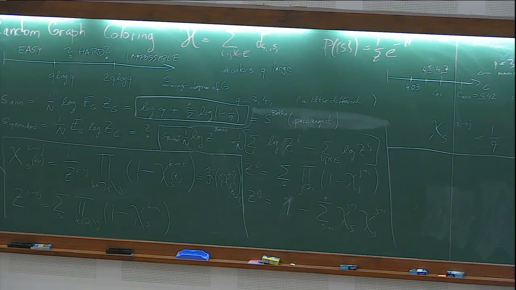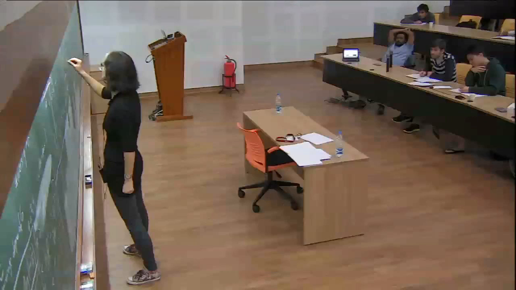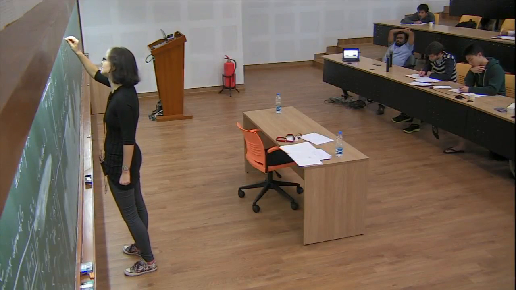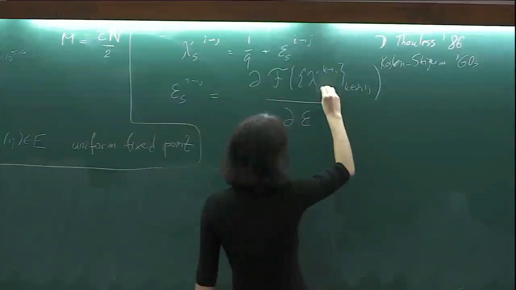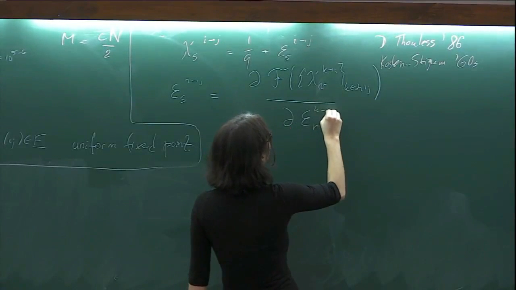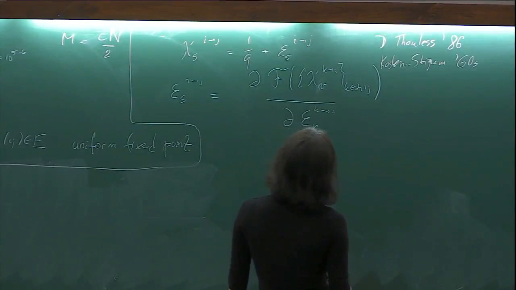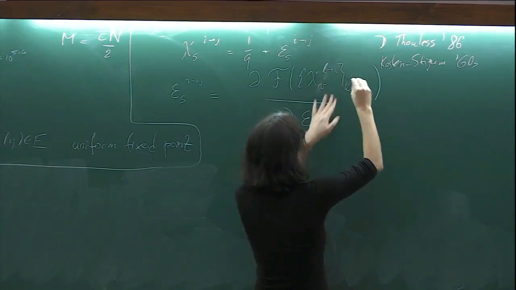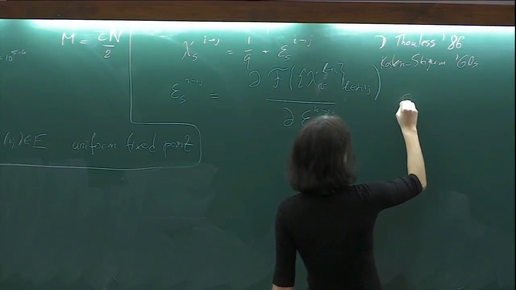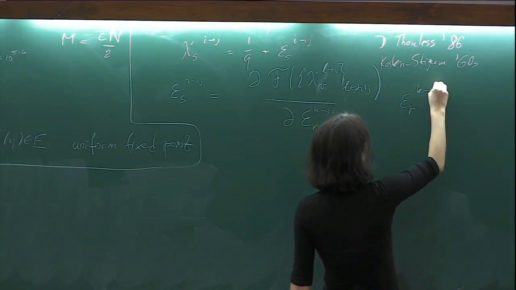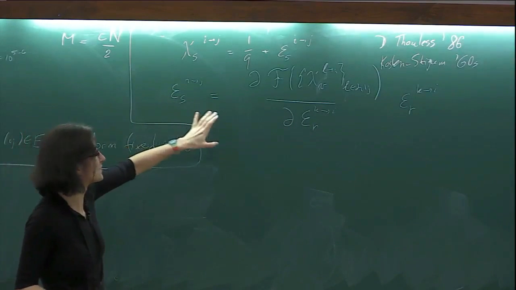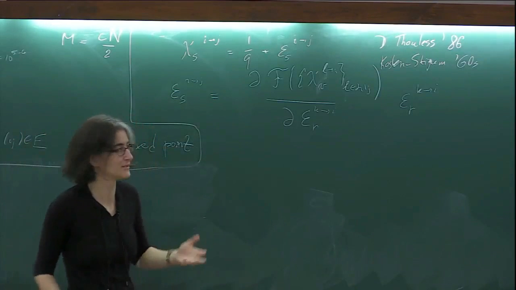It's a partial derivative with respect to epsilon r, k to i, for each of them. So this is just the generic first order of the Taylor expansion of that equation, so that's always the linearization.